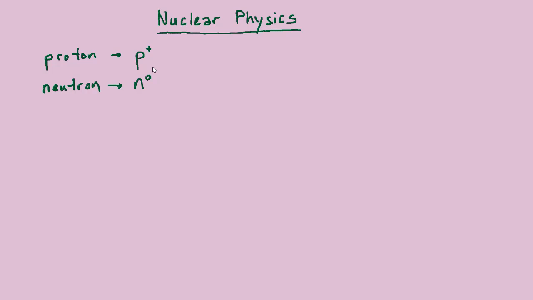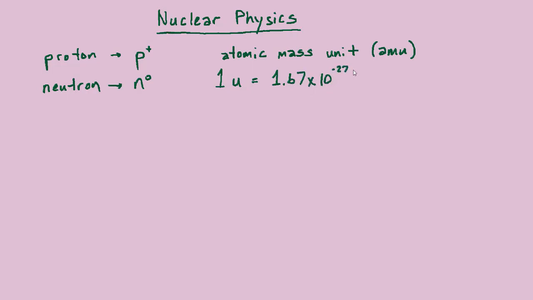And that unit is called the atomic mass unit, or in some cases the AMU, but honestly most of the time it's just abbreviated with a U, a little baby U. Okay, so if I say I've got 1 U, that's 1 atomic mass unit, and there is a certain amount of mass associated with that, and that number is 1.67 times 10 to the negative 27 kilograms.